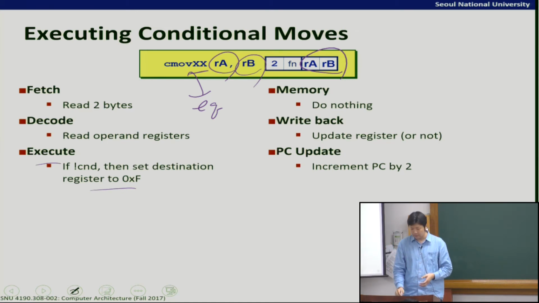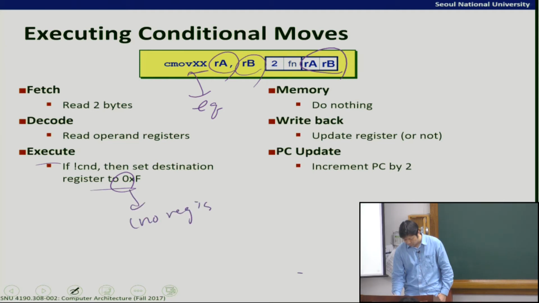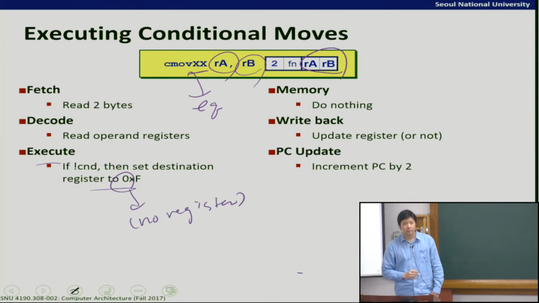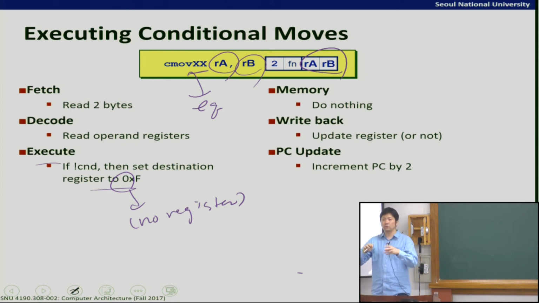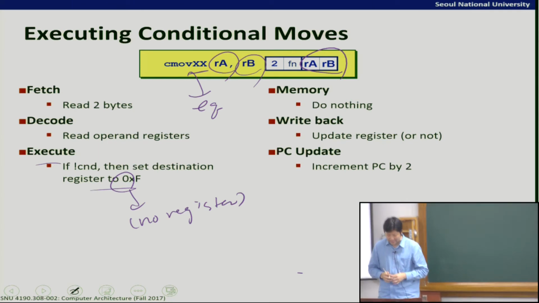But let's say this one is not satisfied, the flag register says this is not true, then you override the value of this destination register to 0F, which is basically no register. So depending on the condition code, you selectively override the destination register to 0F if the condition is not satisfied.